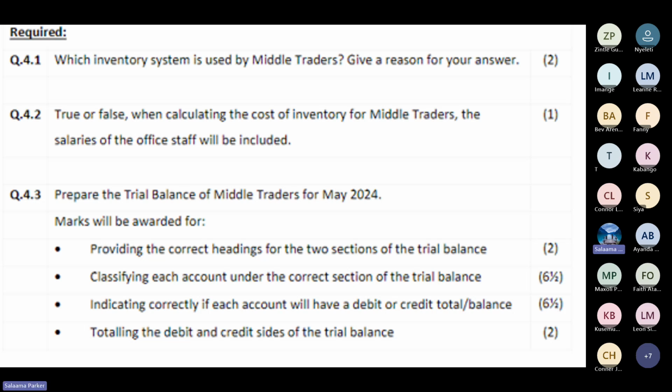So what will be the first answer? I'm going back again. Which inventory system is used here? Is it perpetual or periodic? And then give a reason for your answer.